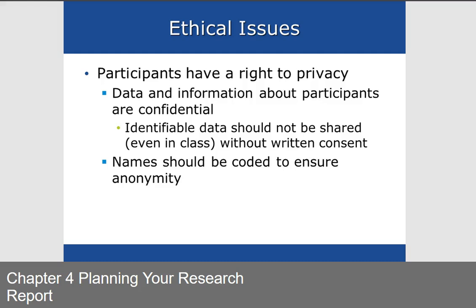Also, participants have a right to privacy. We want to make sure that all of our data is confidential. All names are coded to ensure anonymity so that we cannot then trace those results back to the people from which that data came. So we always want to make sure that nothing is identifiable back to the people from which the data came. And you have to be particularly careful about this.